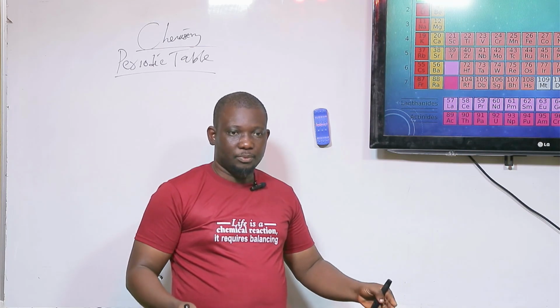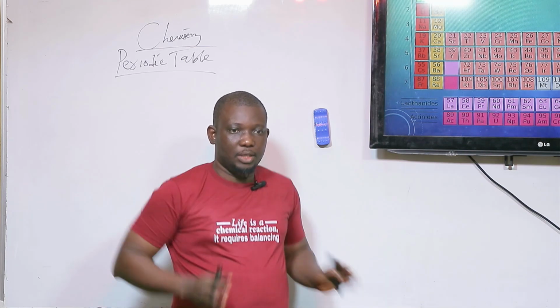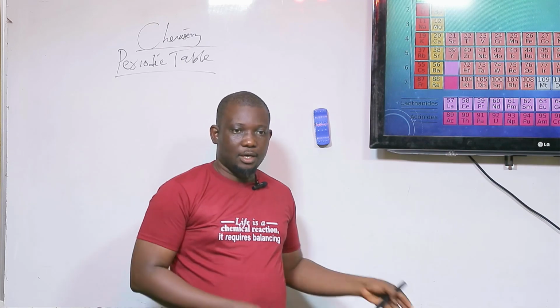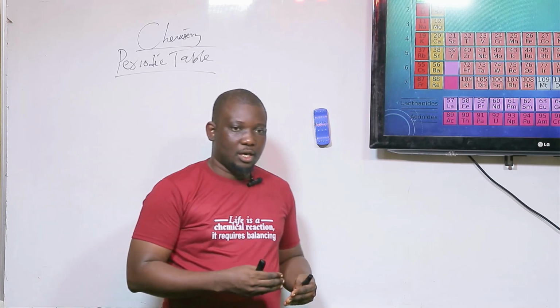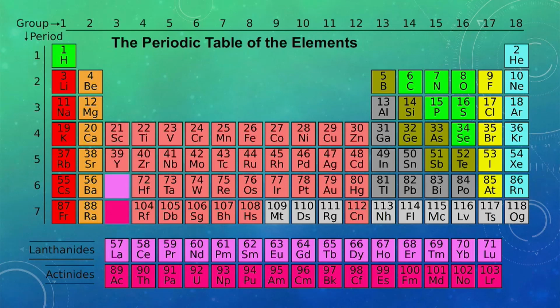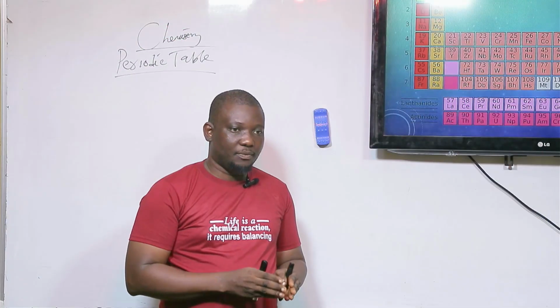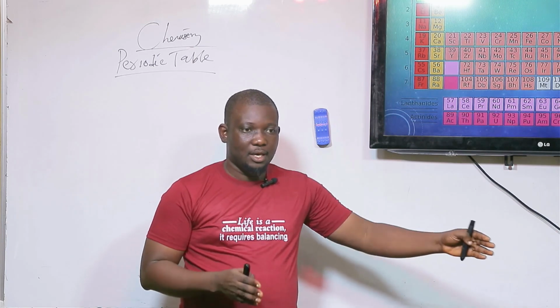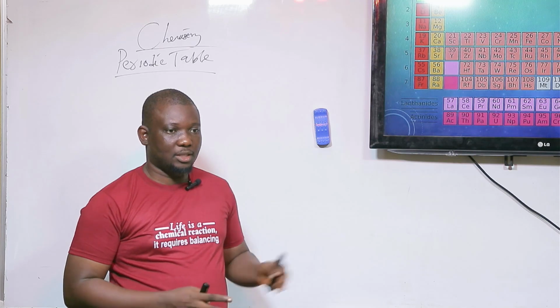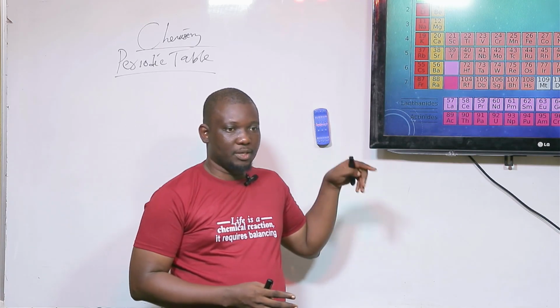This is a periodic table that has both A and B in one table, group A and group B. I'm going to classify this periodic table, and for easy understanding, sub-classify it again, so that we can have these two groups: the group A's and the group B's. So look at this table. It's both group A and group B.